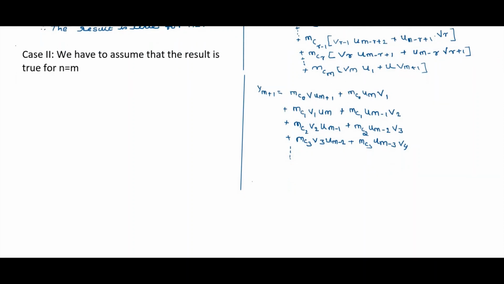Then what you will get, mC(r-1), simplify here, plus, here multiply, that is this mC(r-1) into this first term is equal to mC(r-1) v_(r-1) u_(m-r+2), plus, similarly multiplying to the second term, you can write mC(r-1) u_(m-r+1) into v_r.